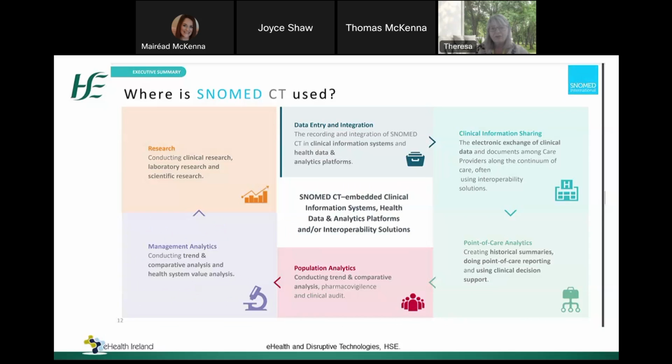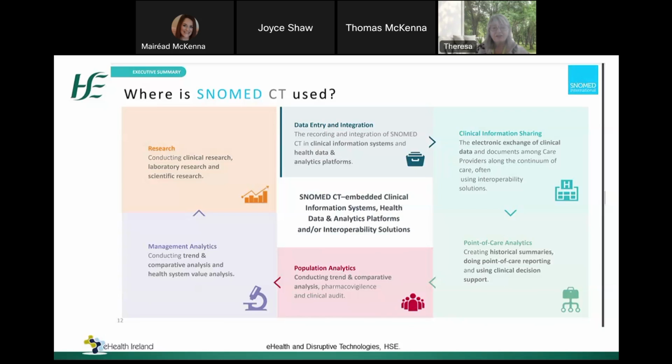And then you use it for the clinical information sharing, so the electronic exchange of the digital data in documents. And then the point of care when we're looking at analytics. So we want to know how many people came through with this, that, or the other disease or illness, and kind of what happened. And then when we pull it all together in a bigger system, we can look at the population analytics, so conducting trends and comparative analysis.